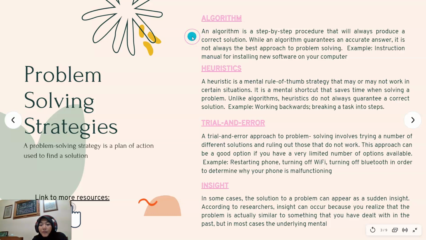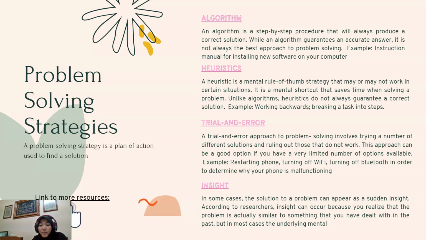When we are talking about algorithm, it is a very detailed instruction or very detailed way to make the solution. So while an algorithm guarantees an accurate answer, it is not always the best approach to solve a problem. Even though an algorithm at the end of the instruction will give you a correct answer, it is not suitable for all problems.